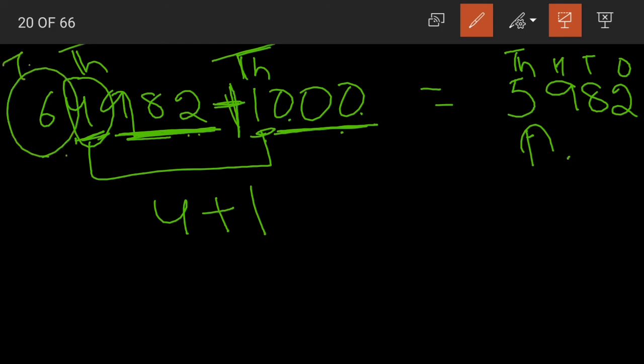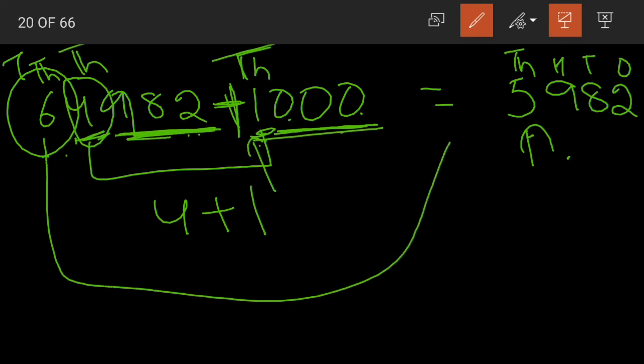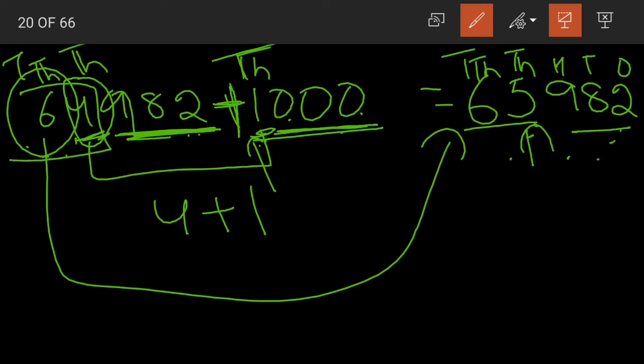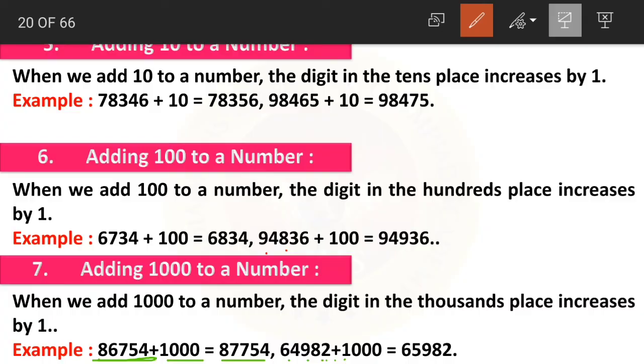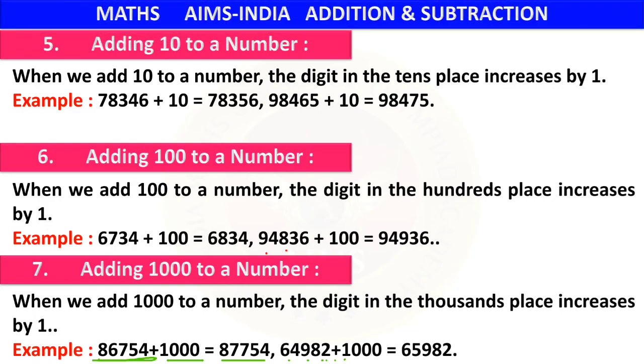Now 6 is in 10,000s place. In this 1000 there is nothing at 10,000s place, so we will write the 6 as it is. No change. Now what is our answer? 65,982. Here we had 64,000. Now when we add 1, we get 65,000. 65,982. Clear, children? I hope this was clear.